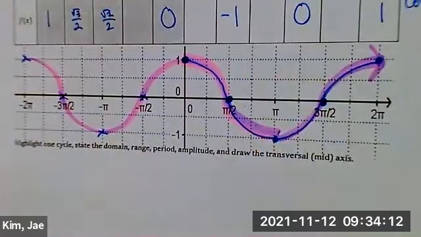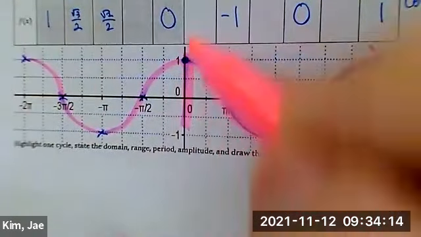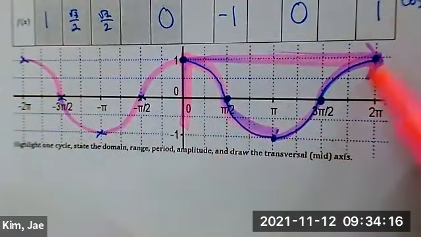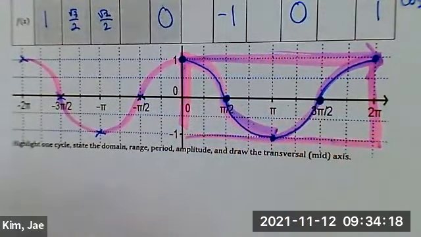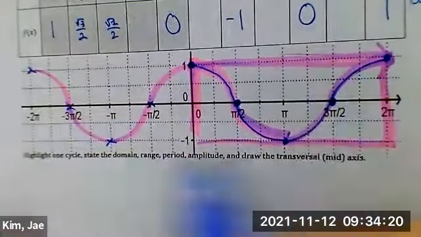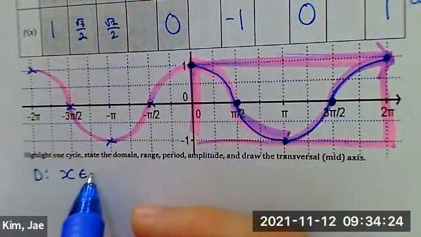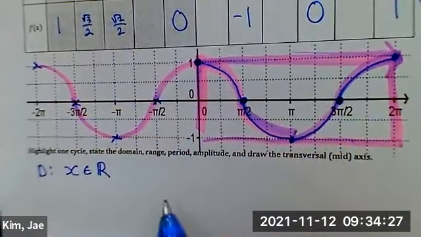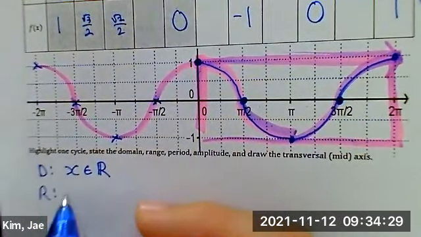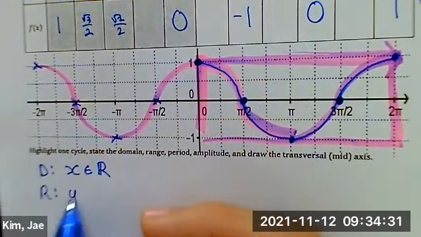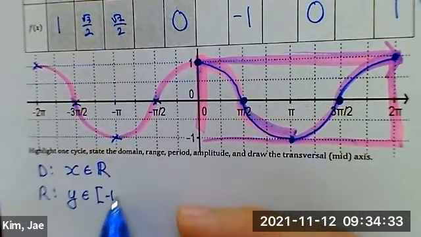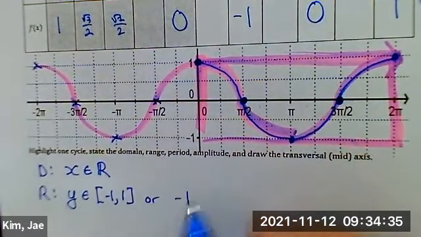Highlighting one circle, once again, this would be one cycle. Okay. Highlighting one cycle, state the domain, same thing. X can be any real number. State the range, same thing. Y is going to be an interval of -1 to 1.